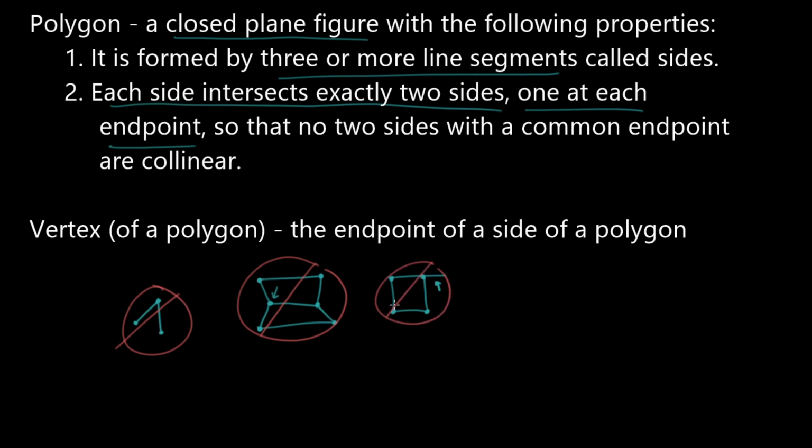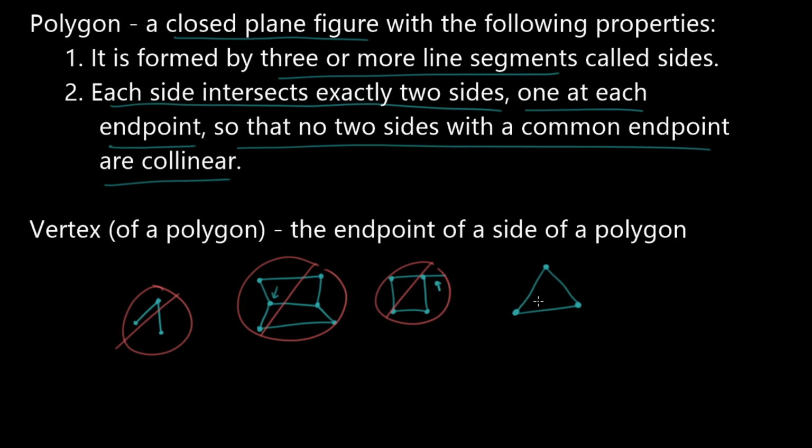And then, so that no two sides with a common endpoint are collinear. This last part is a little bit tricky, but what I'm trying to do here is emphasize the fact that, let's draw something basic like a triangle here.